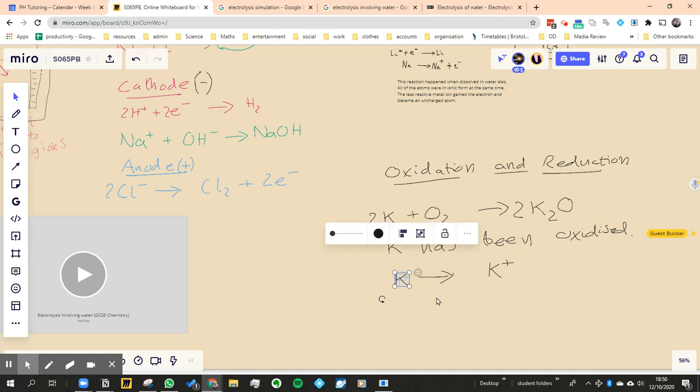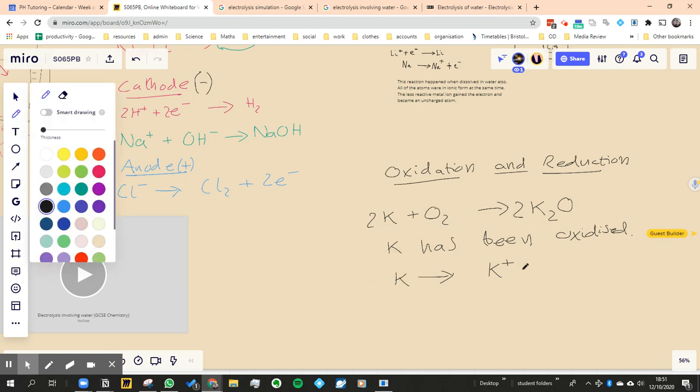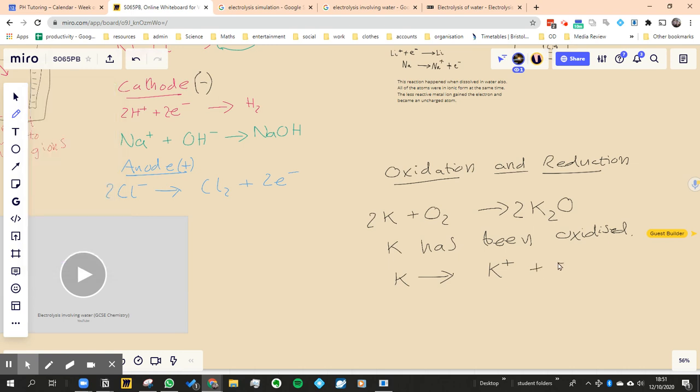How did it do that? Well, it must have lost an electron. So that's the half equation. And we also said already that potassium has been oxidized. So the new definition of oxidation is the loss of electrons.